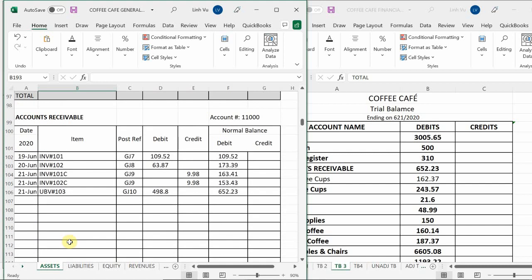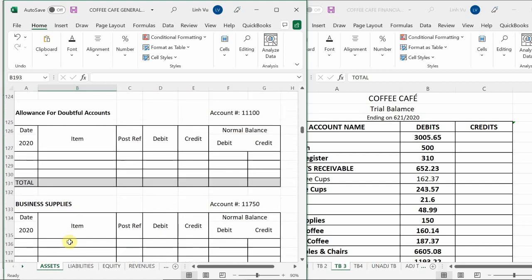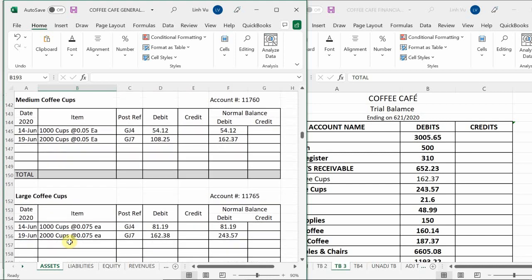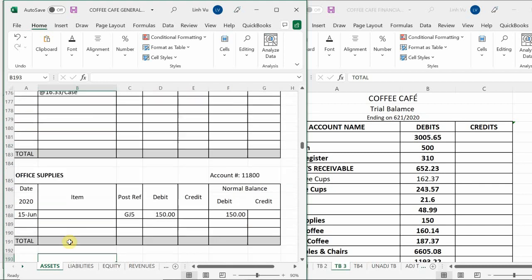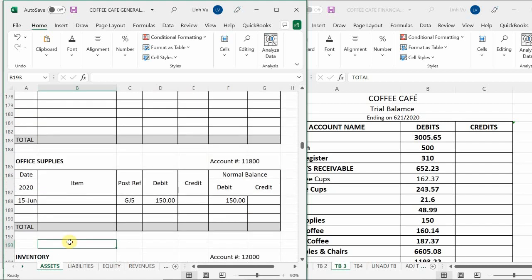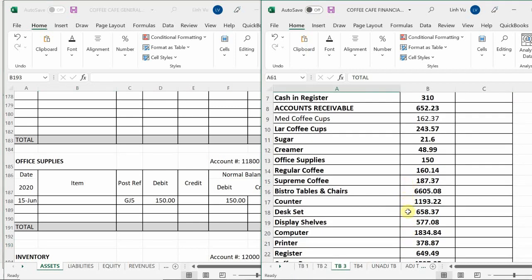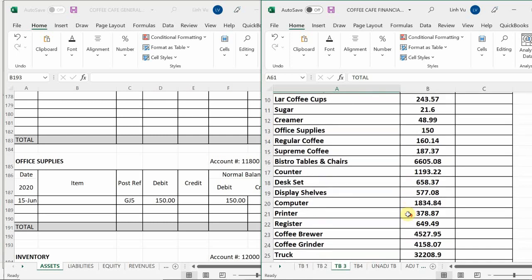Accounts receivable 652.23. Okay. These should all be the same.